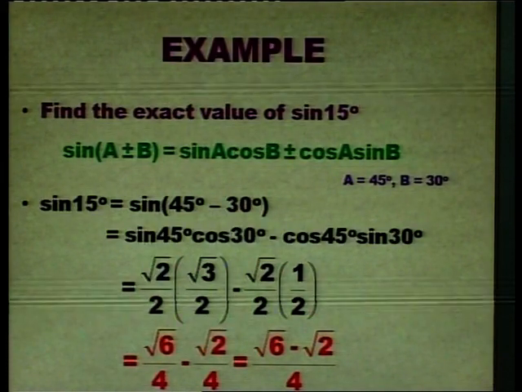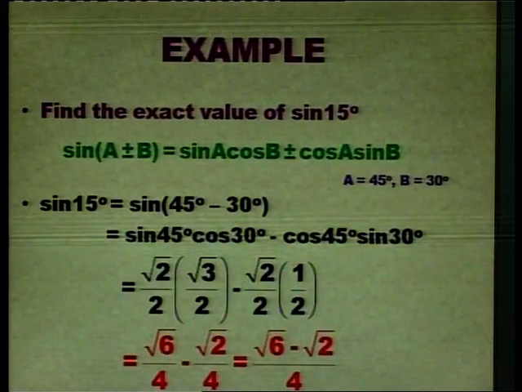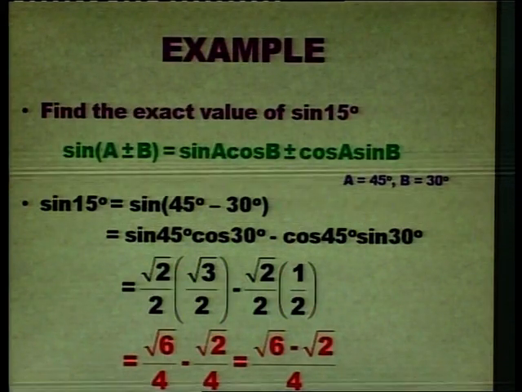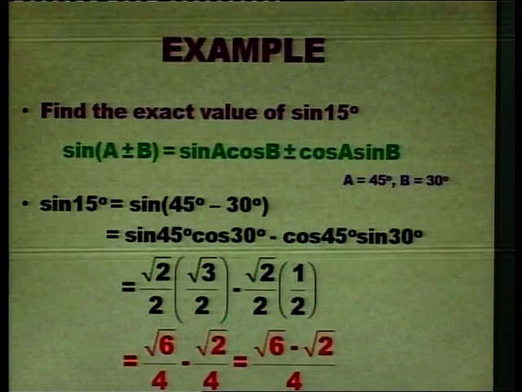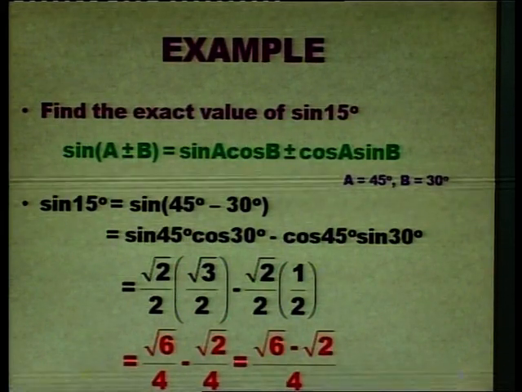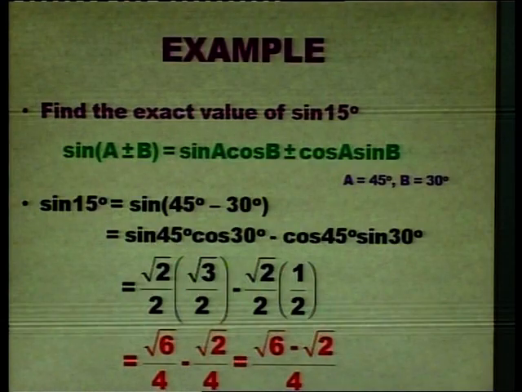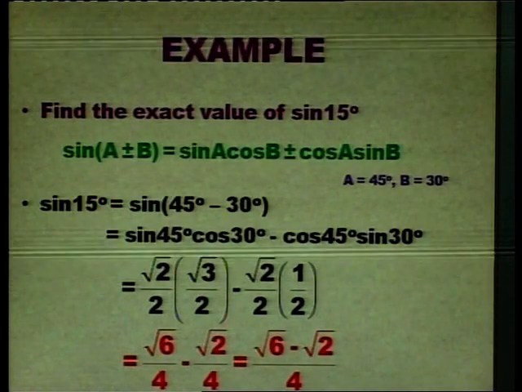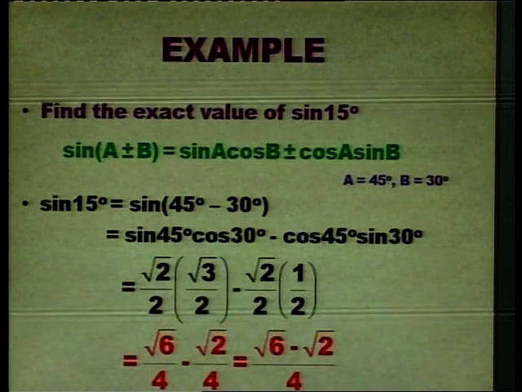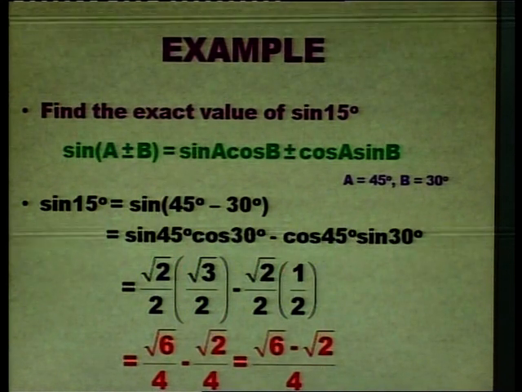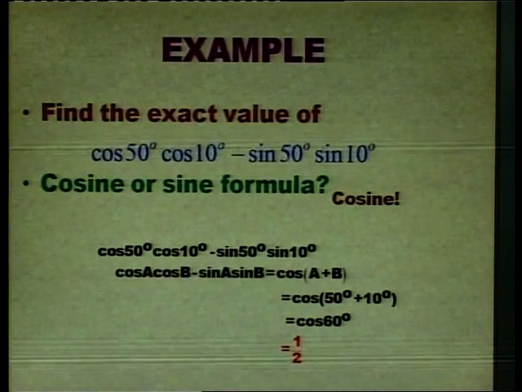So, after rationalizing, just to make the denominator square root free, that is square root 2 into square root 3, that is square root 6 upon 4, minus square root 2 upon 4, that is the same thing as square root 6 minus square root 2 upon 4.